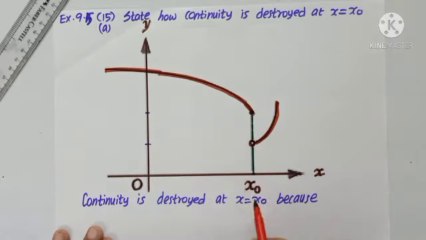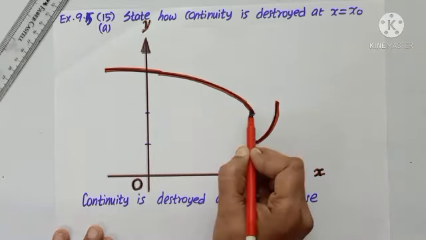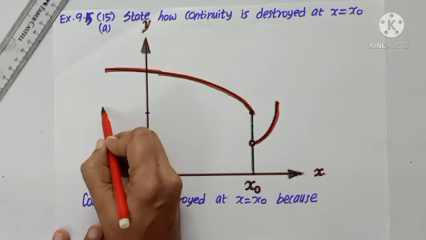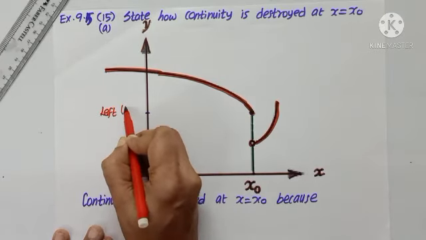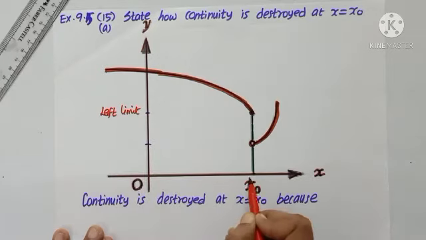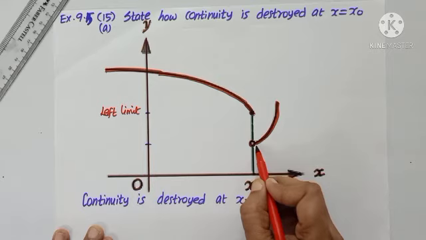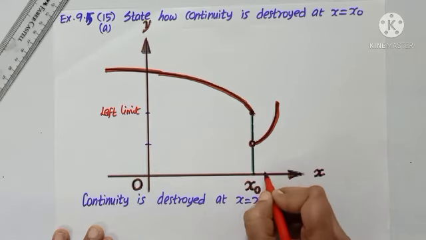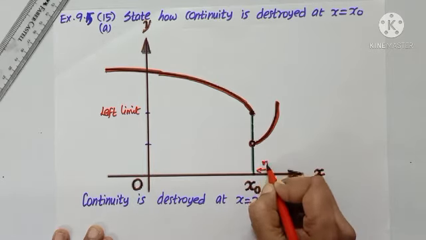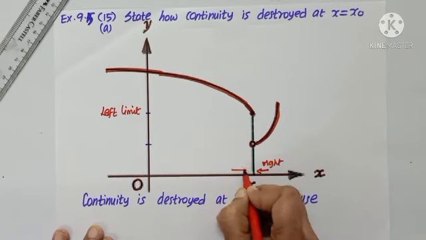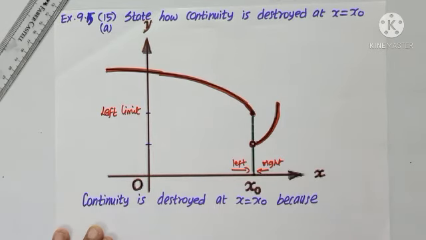Also, to the left of x naught, here I have a value I call left limit. To the right of x naught, when it approaches from the right, this is the right side, and this is the left side.